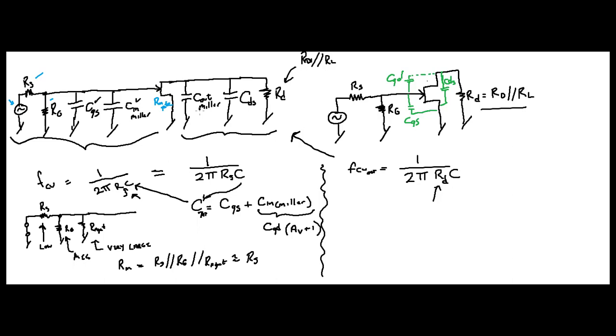Many texts will say that sometimes it is not designated. In such cases, you must either assume a value or neglect it. So what we're going to do is neglect it. So this is going to be C out Miller. And what's your C out Miller?